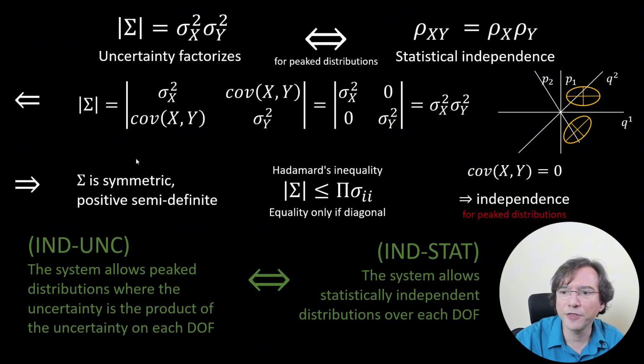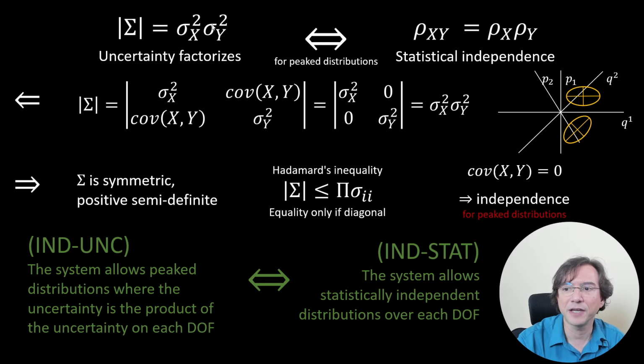And for these types of matrices, there is something called the Hadamard inequality that tells us that the determinant has to be less or equal to the product of the diagonal terms. And the equality is satisfied only if the matrix is diagonal.